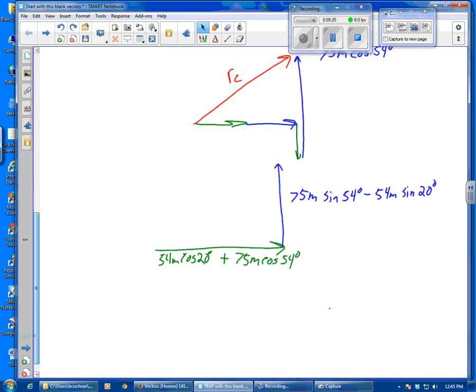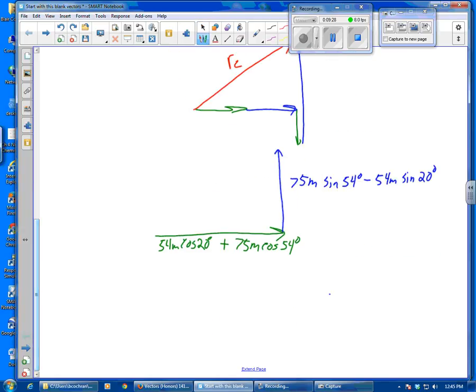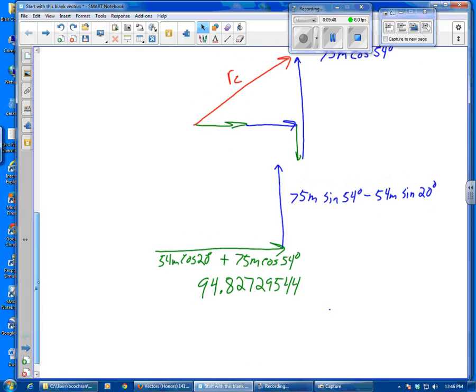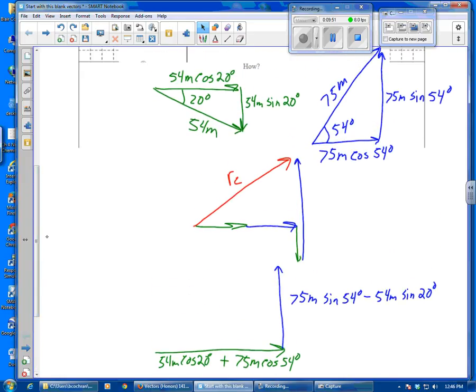For my green one here, I get 94.8272954. And for my blue one, I get 42.20718684.